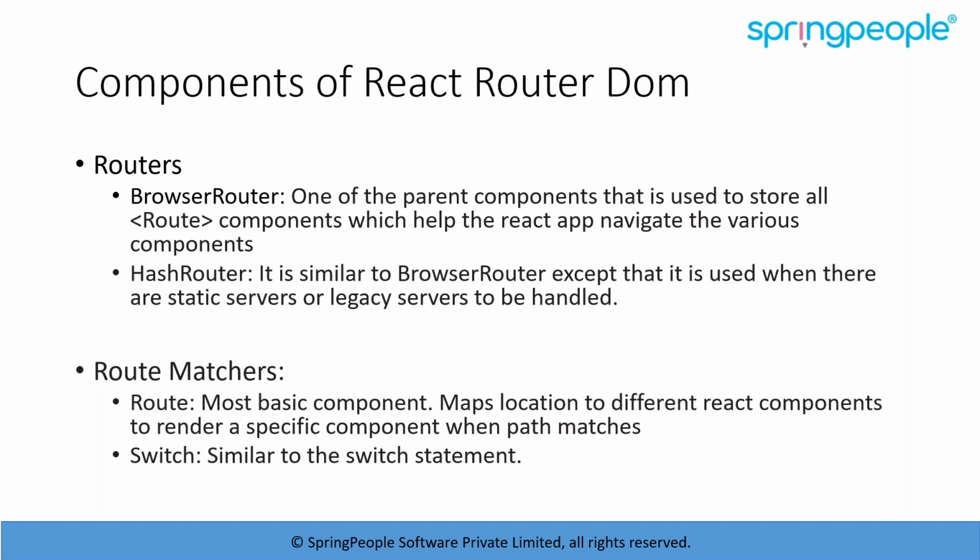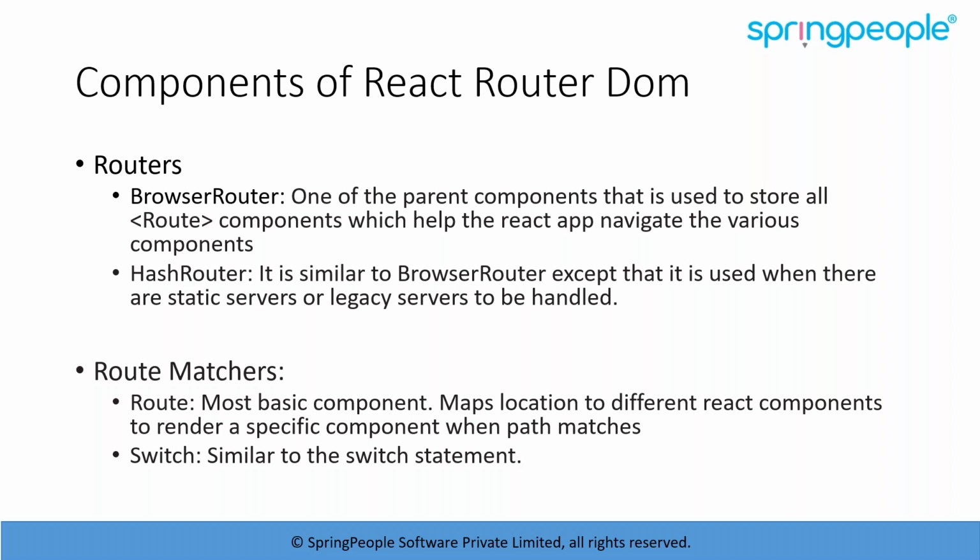But in certain situations, you may want to work with static pages or static servers, for example, GitHub, which serves static web pages. You want to be able to work with such servers or legacy servers. In such cases, we use what is known as a hash router.